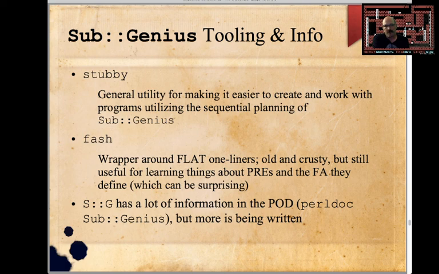But my goal is to move away from that and just use Stubby as the primary tool, not only for initializing code, but also allowing for pre-compilation to happen, and also for doing debugging or introspection with any programs that people may end up writing with this. And I'll show some examples here shortly.